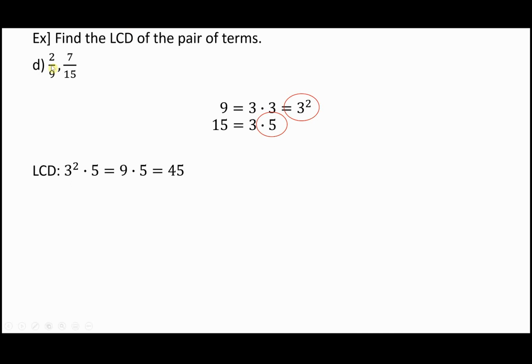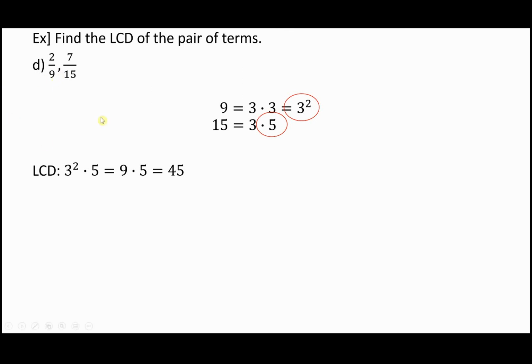So if you were trying to add these two fractions together, you would need to build them up so that their denominators are 45, which you do by multiplying them by fun ones, which are fractions whose value is 1 but has a fun representation. Examples of fun ones are 5 over 5, 2 over 2, 8 over 8, a million over a million. Anything over itself is a fun one.